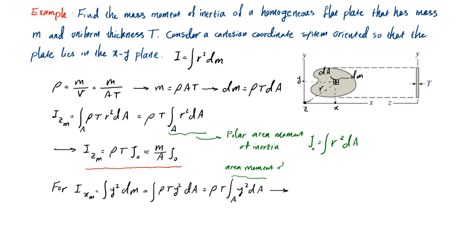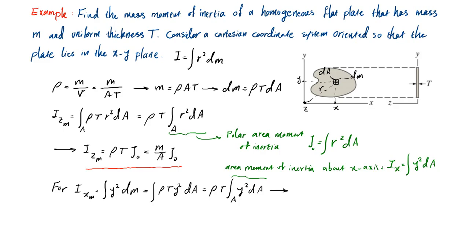Oh, now you see why I used the notation m as a superscript when I was defining I_x for the mass moment of inertia, because I want to use I_x for area moment of inertia, and it's the integral of y squared dA.